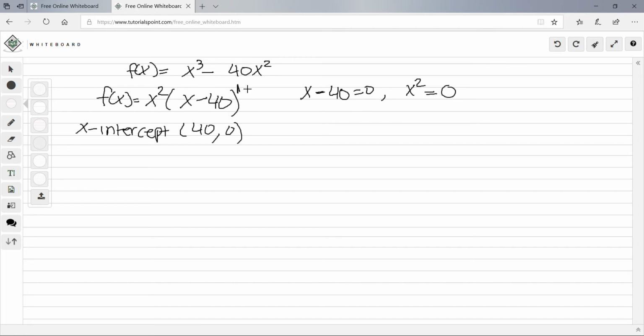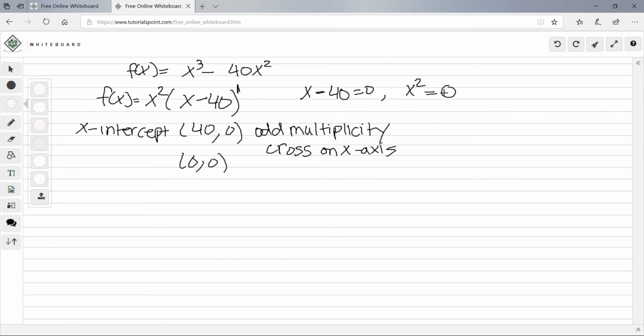This has a power of 1, so it's odd multiplicity, so it crosses the x-axis. And then our other x-intercept is (0, 0), right? Here's x squared.